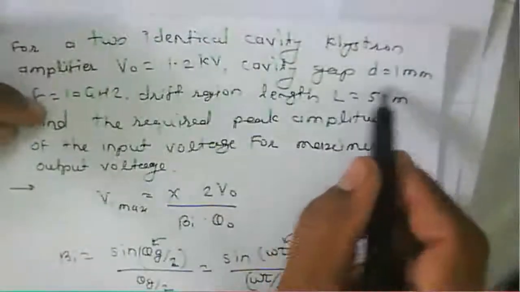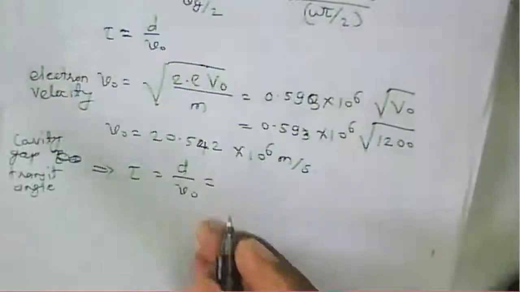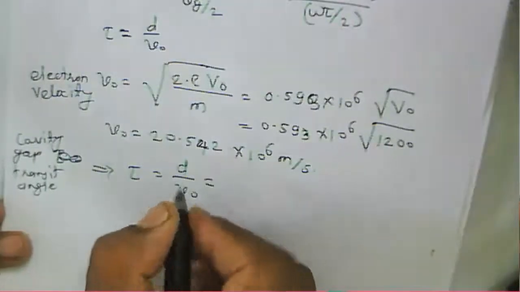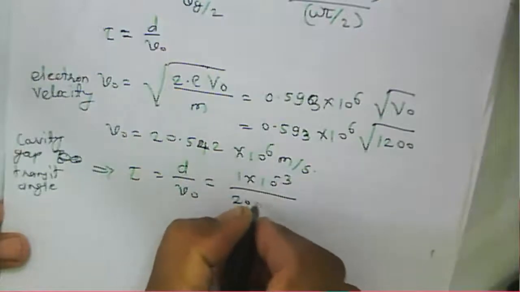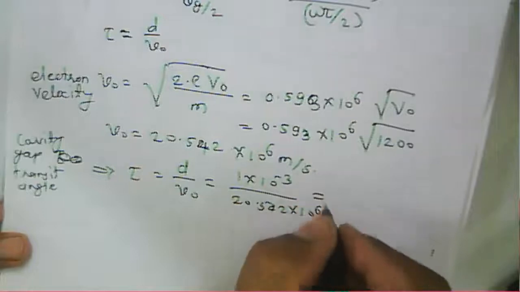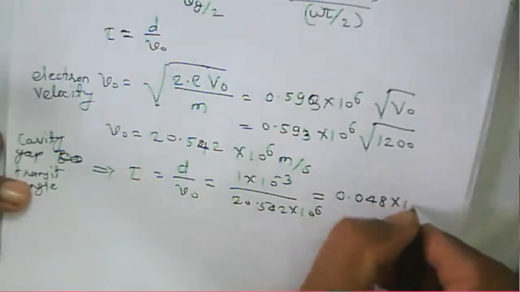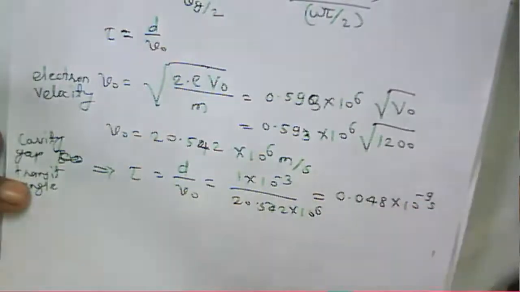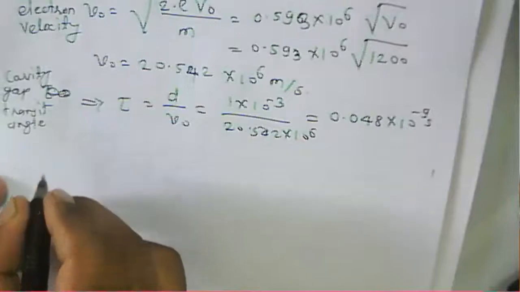To find tau, 1 into 10 to the power minus 3 divided by 20.542 into 10 to the power 6. If you solve it, you will get 0.048 into 10 to the power minus 9 seconds. That is tau.